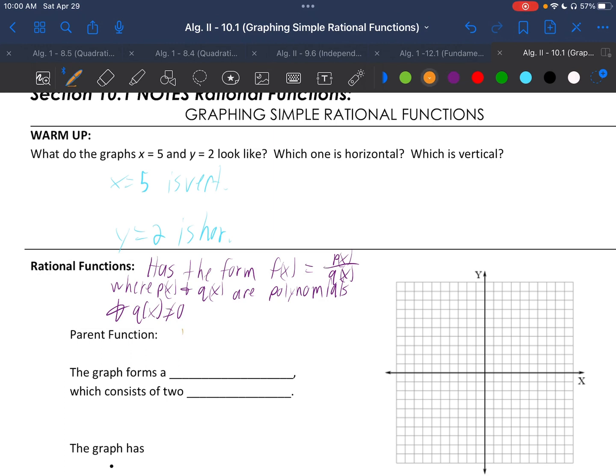The parent function is f of x equals 1 over x. That's the most simple rational function you can have, where the top polynomial is just 1, because that is still a polynomial, and the bottom polynomial is x.